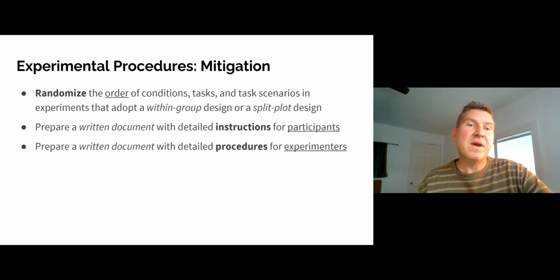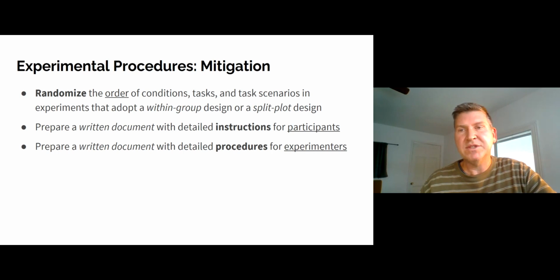Also, you might want to have a written document for experimenters. One day you may not be able to be the one running the experiment, or you might run it with multiple partners, and they need to know exactly what you need to tell the participants. Sometimes you can't answer the questions.